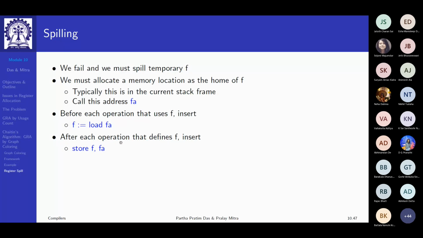Similarly, after each operation that defines F, if F gets changed, I will have to store this value back to memory, because there is no register. So I will have to introduce this load and store for F at every point where it is either used or defined.